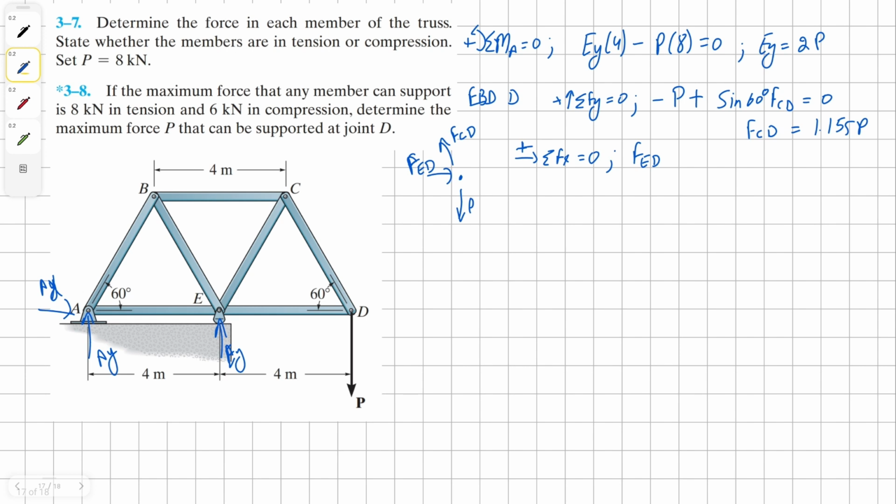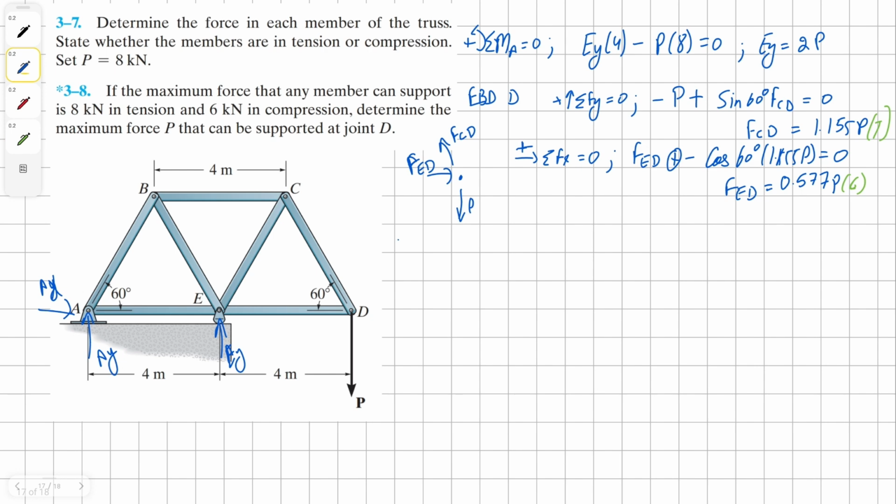We have force ED, then we have horizontal component of CD, all equals 0. Solving for ED, we get our solution as 0.577P. And this member is in compression. The earlier member was in tension.